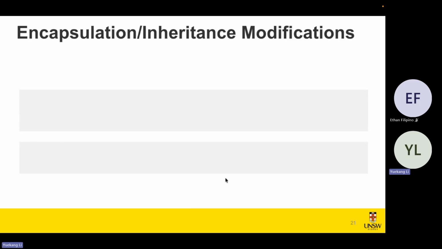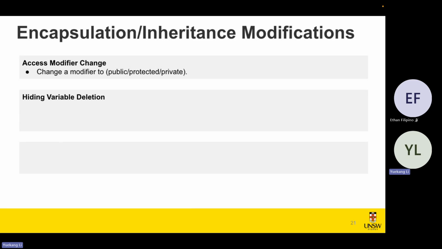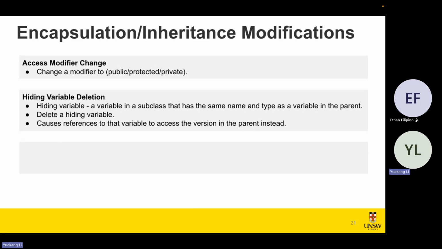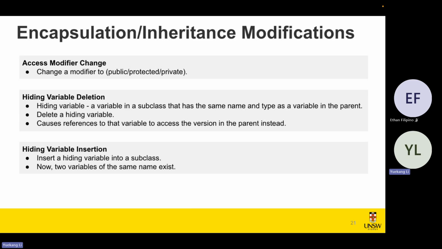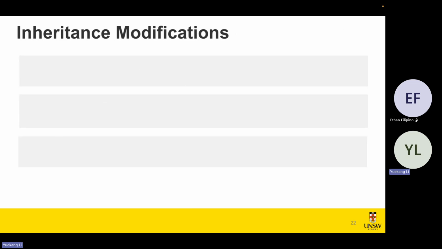And apart from statement level mutation operators, we have a big family of applying mutations according to object-oriented properties. So we have encapsulation or inheritance related modifications. I will do a speed run of this. So you just need to use these slides as notes for creating different mutation operators.